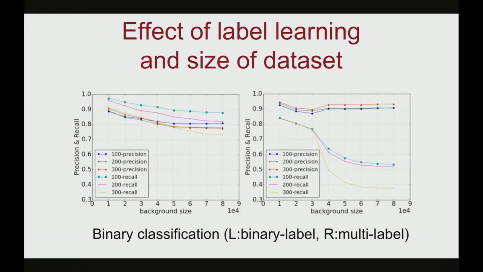In contrast, recall becomes better with binary label learning. We separately reported other graphs using different C and gamma pairs for the SVM, and we got the same result. So if the attacker is more interested in precision, then multi-label learning can be recommended. Otherwise, binary label learning could be the better choice.